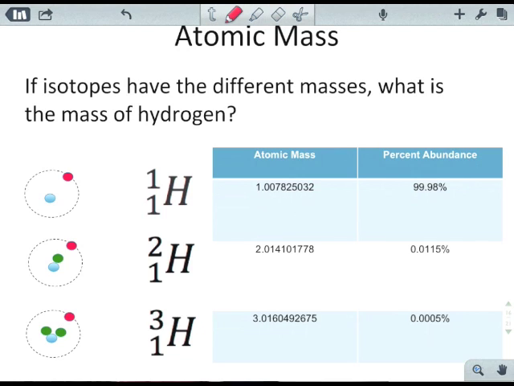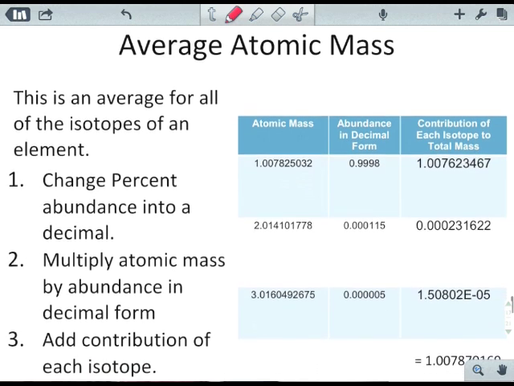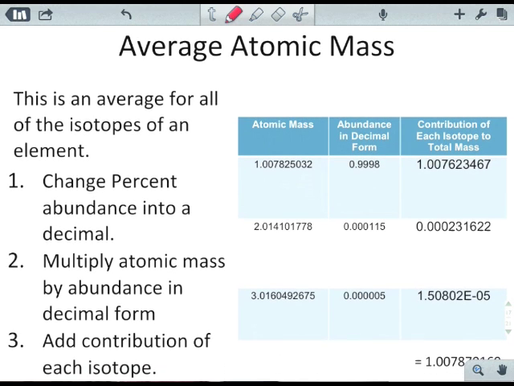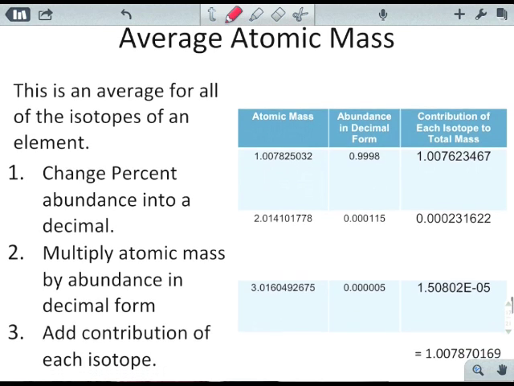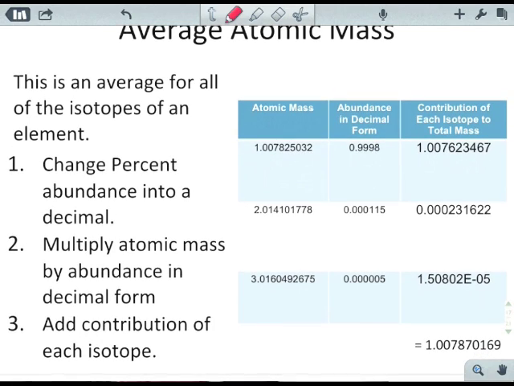Okay, but what we actually see on the periodic table is the average atomic mass. Now, the average atomic mass is an average of all the isotopes of that element. So in the case of this hydrogen 1, hydrogen 2, hydrogen 3, the atomic mass on the periodic table is a mass of all 3 of those isotopes. Now, to calculate the average atomic mass, it's very simple.